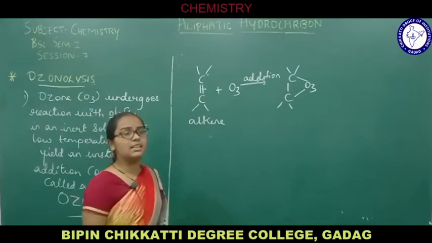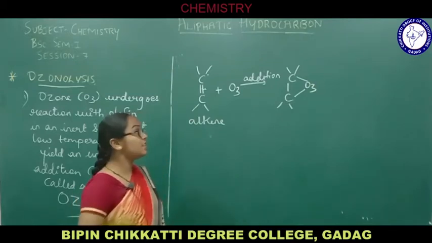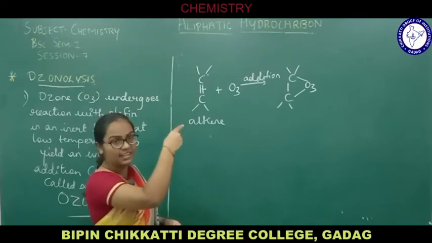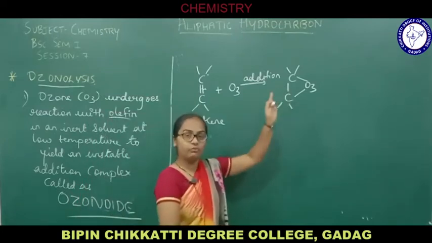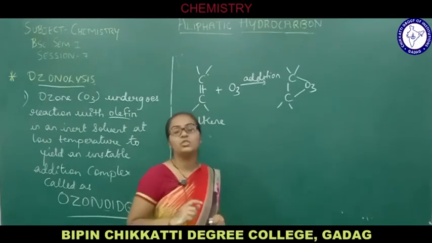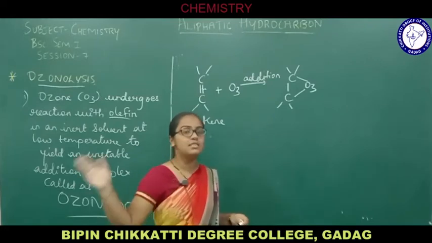Being unstable, it will further undergo a rearrangement process. In the rearrangement process, the 3 oxygen atoms in between in this triangular form will get rearranged by the resonance effect. The shifting of electrons takes place, and that is the mechanism basically.